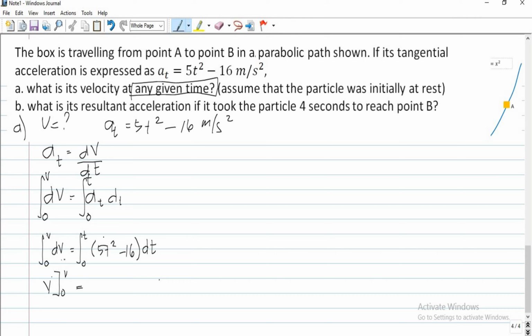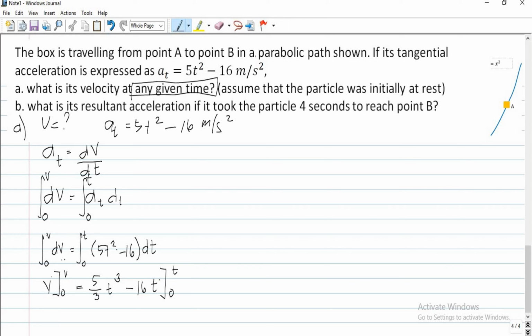That is equal to the integral of 5t squared, that is 5 over 3 of t cubed minus 16t. Again, our limit from 0 to t.